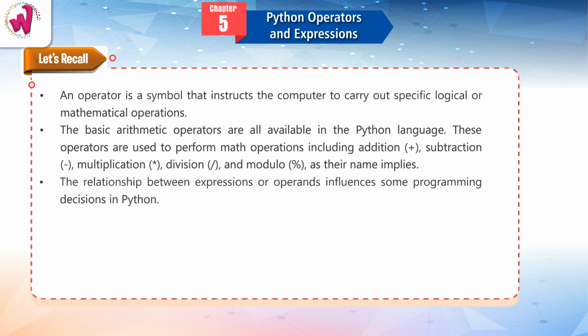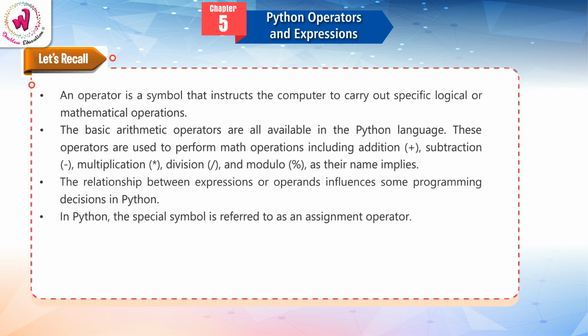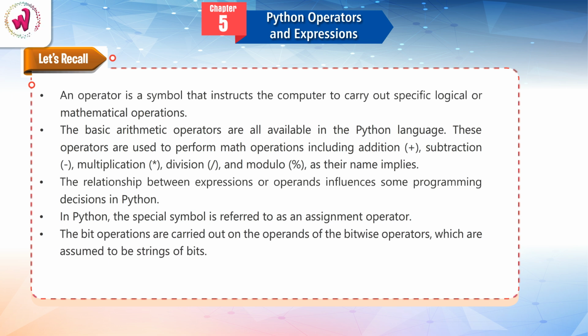The relationship between expressions or operands influences some programming decisions in Python. In Python, the special symbol is referred to as an assignment operator. The bit operations are carried out on the operands of the bitwise operators, which are assumed to be strings of bits.